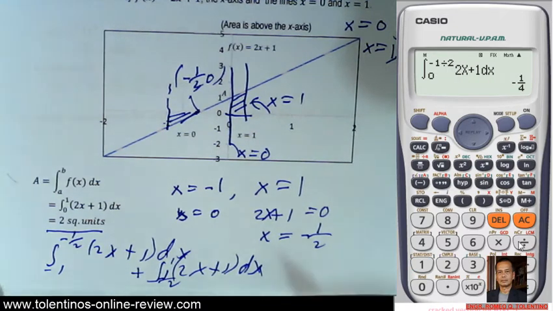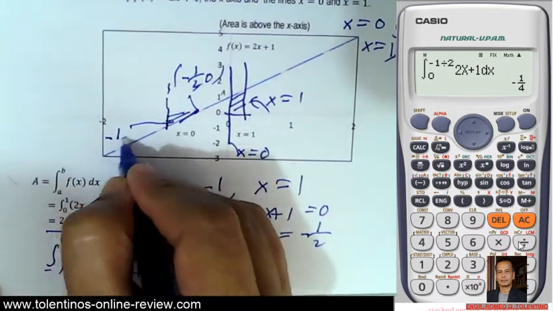Observe that the area is negative. So this is negative 1/4.